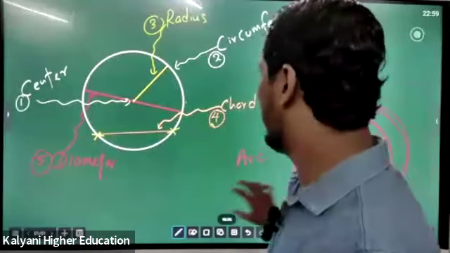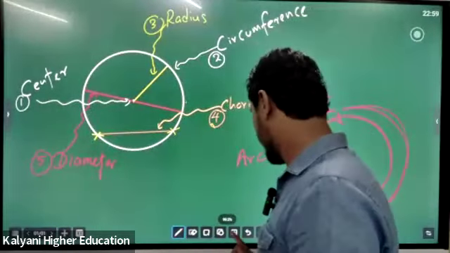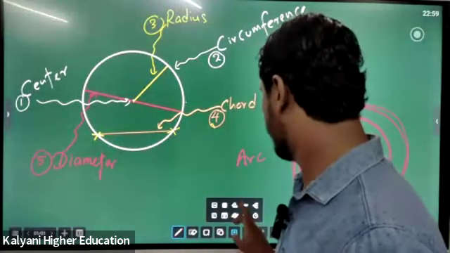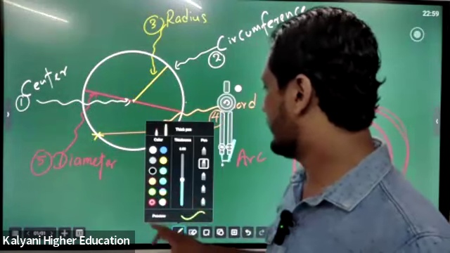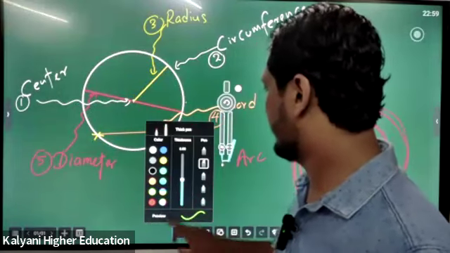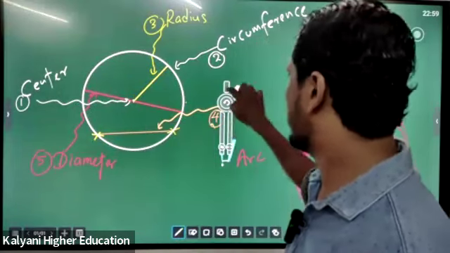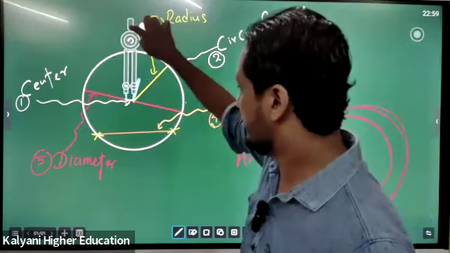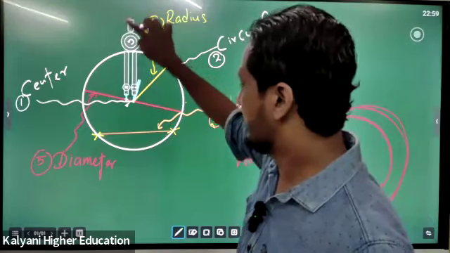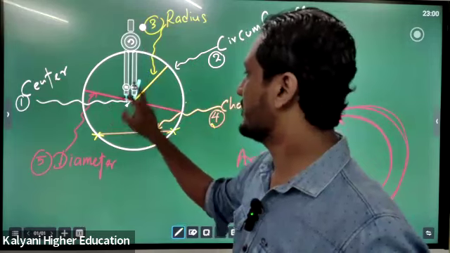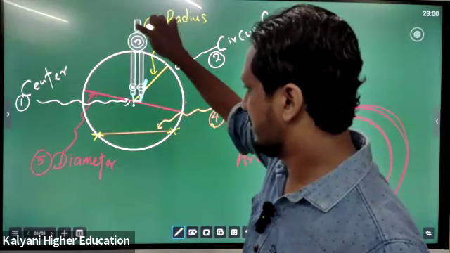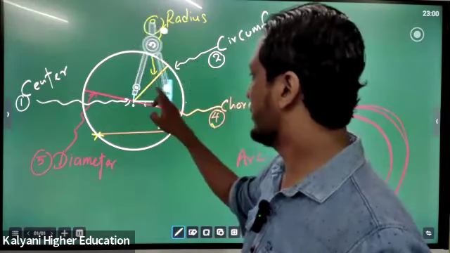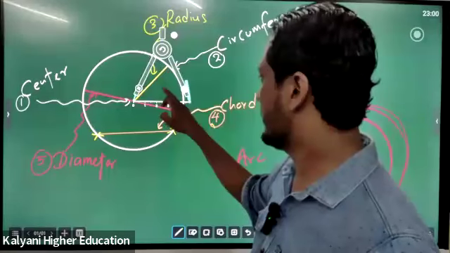Okay, so I'll name this one in the same diagram. Look at this. I'll use the compass and the green color. I'll keep the compass on the same center and take the pencil to right here.